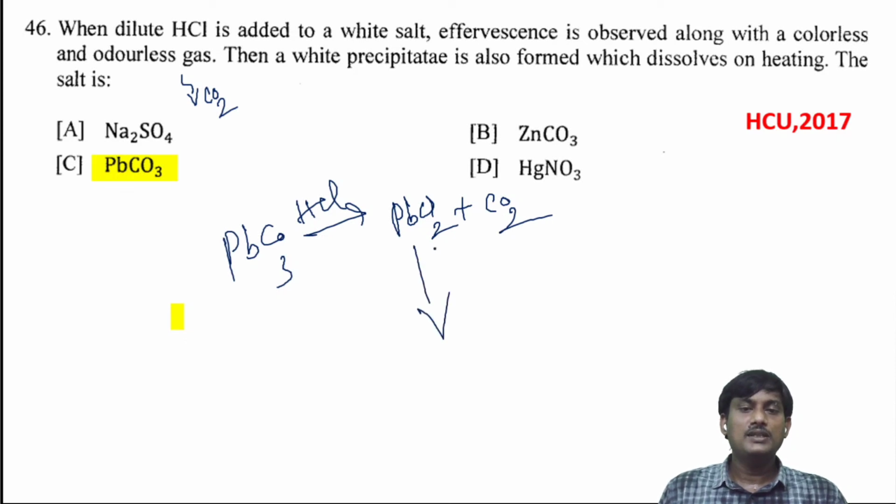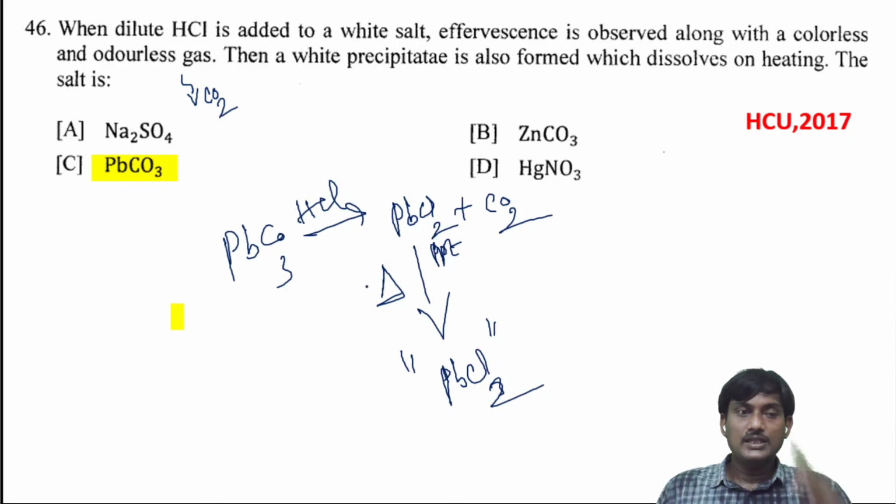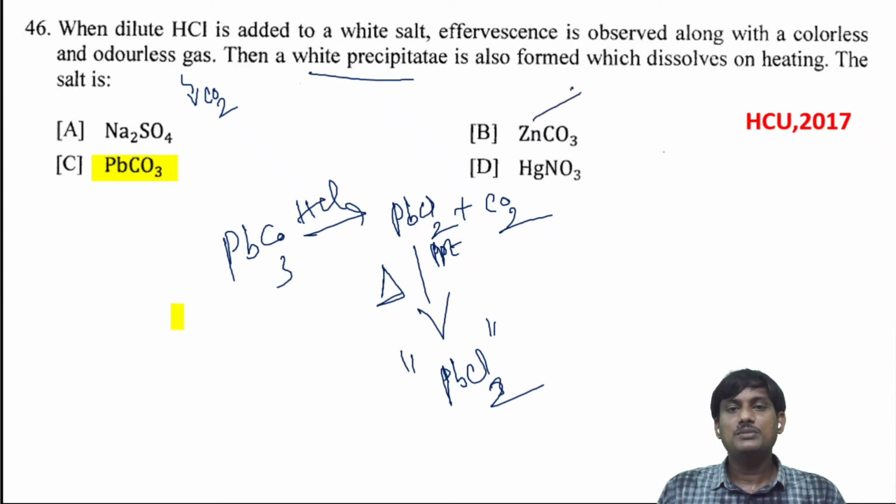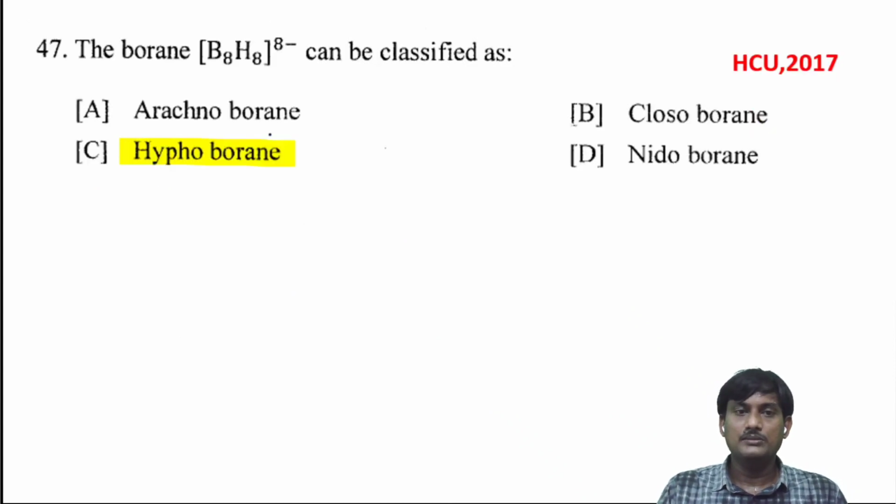When you heat this white precipitate, a clear solution forms. Sodium chloride, zinc chloride, mercurous chloride, all these chlorides do not follow this trend. NaCl is not a white precipitate. Zinc chloride is a white precipitate, but it does not dissolve after heating. So the correct option will be lead carbonate.